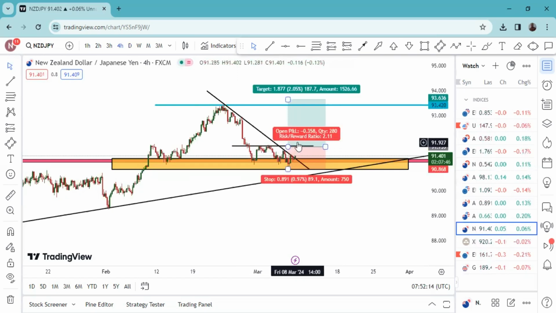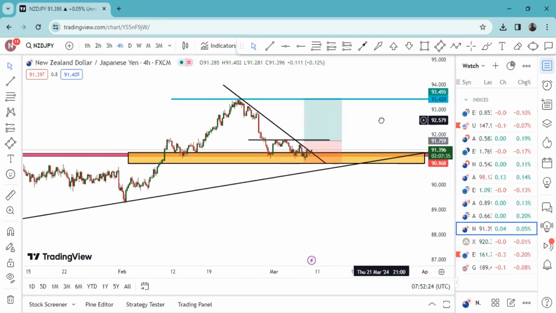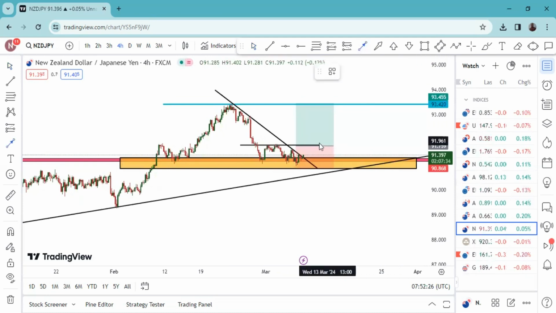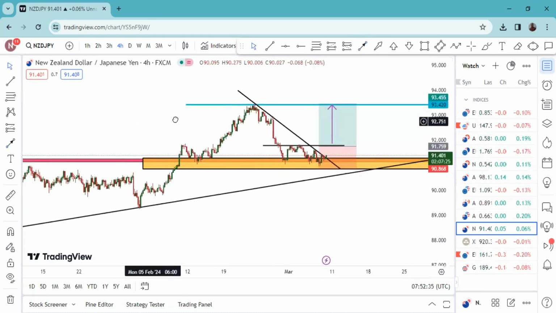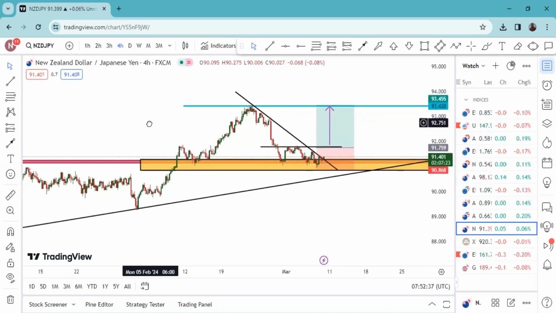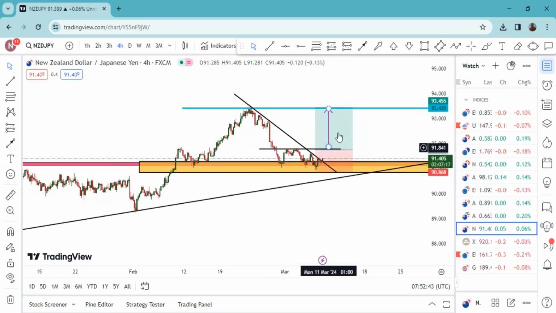Then I will take my TP around this place. I will enter around here to here. That's what I'm expecting on NZD-JPY: the market to break this neckline, then I will take that trade.